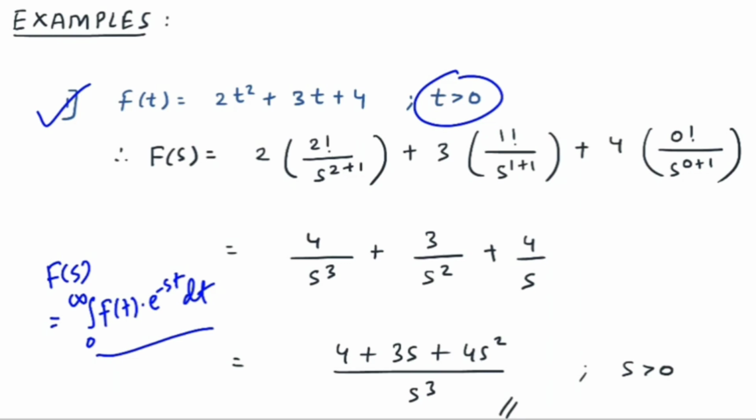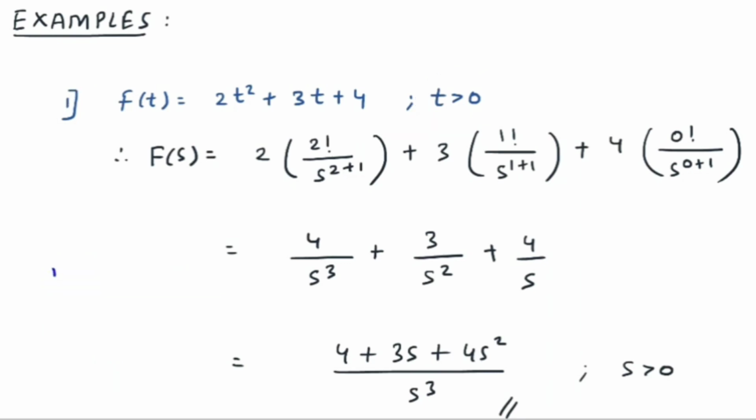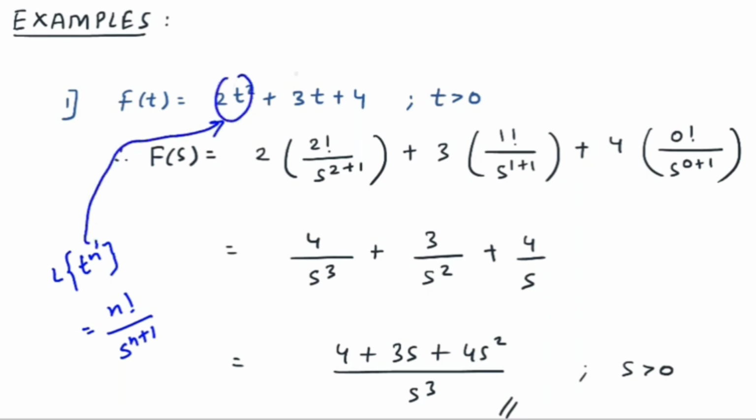If you want to minimize the time, you can use the standard result. So the standard result is, if your signal is t raised to n, then Laplace of t raised to n is equal to n factorial upon s raised to n plus 1. Now just compare this with this function. Because three functions are added, you can split the Laplace, right?